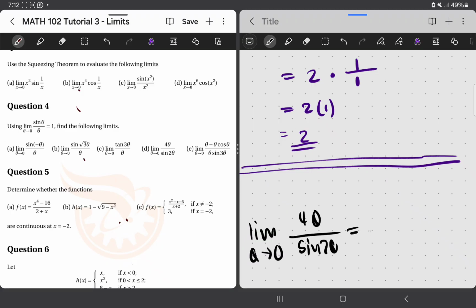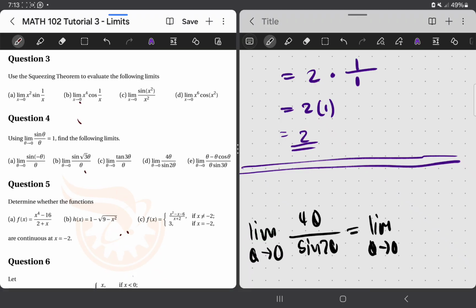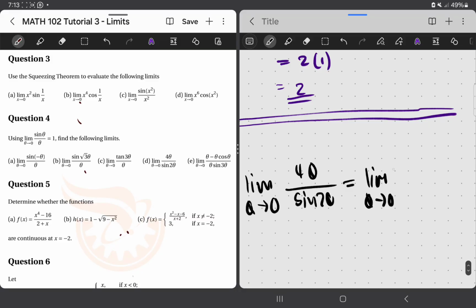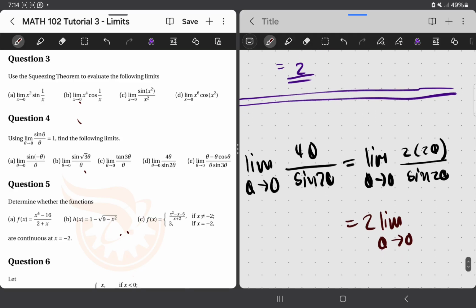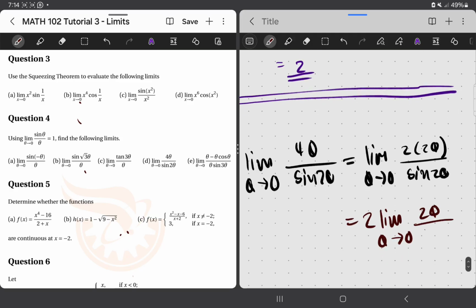This becomes 2 by 2 theta over sine 2 theta. We just need to make sure the top and the bottom is the same. So this 2 comes out. It becomes 2 times the limit as theta goes to 0 of 2 theta over sine 2 theta.